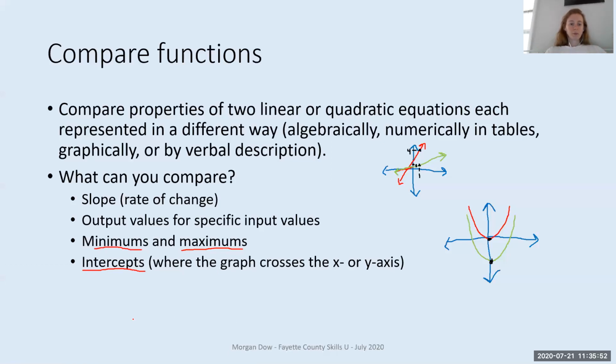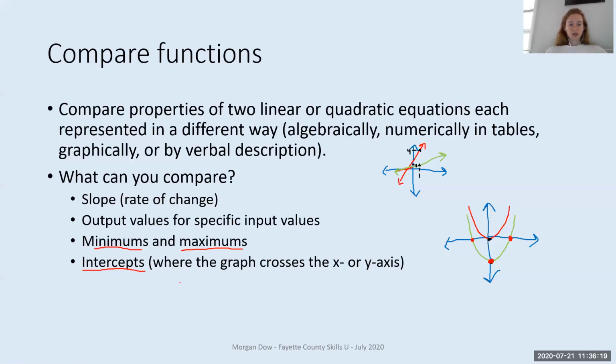So for example, for this green parabola here, this green parabola is crossing the x-axis over here and over here. So it has these two x-intercepts. And it's crossing the y-axis down here, somewhere in the negative realm. So it has a y-intercept right here. So that's what we mean when we say intercepts.